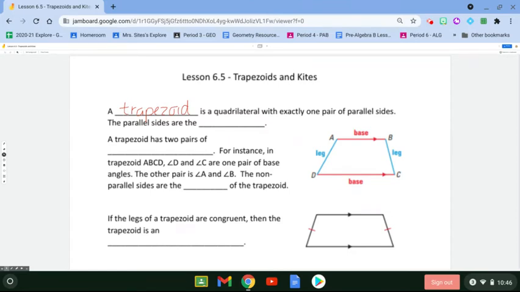The parallel sides are called the bases. A trapezoid has two pairs of base angles.